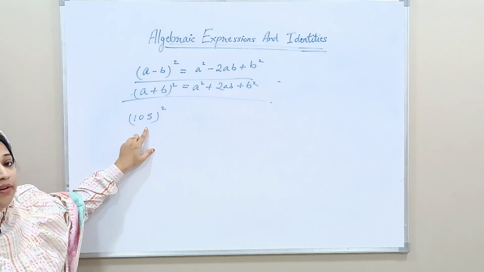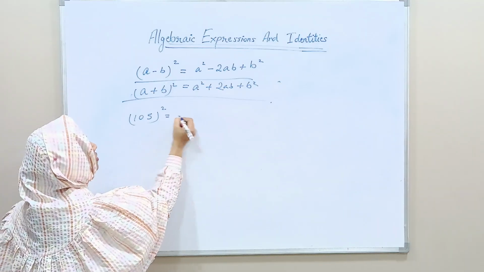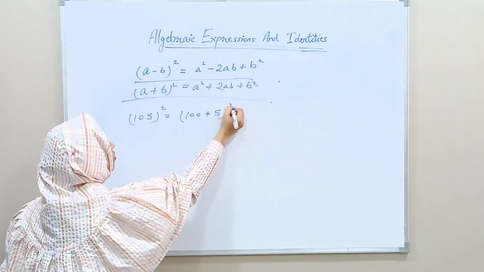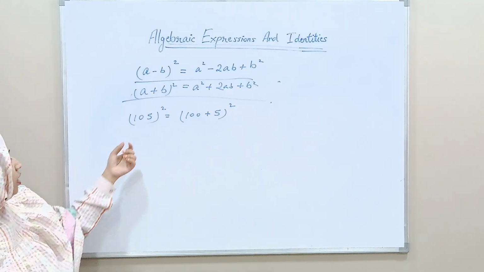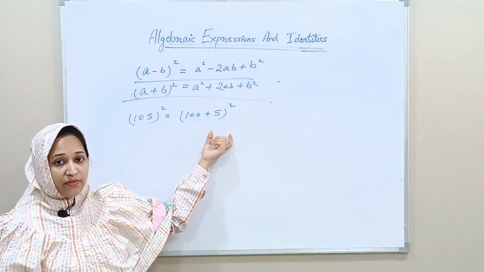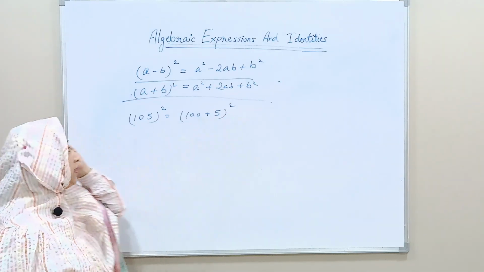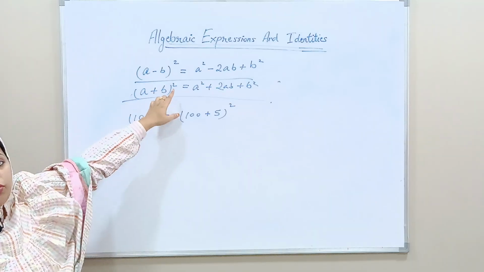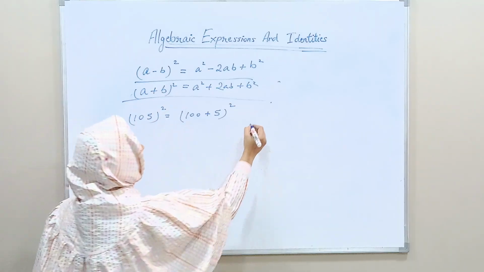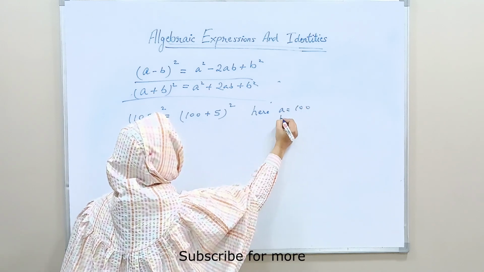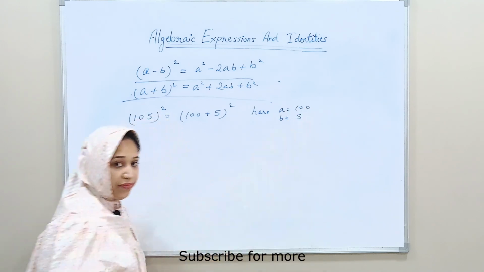We know that 105 can be written as (100 + 5) whole square, which is the same as (a + b) whole square. So here a is equal to 100, b is equal to 5.